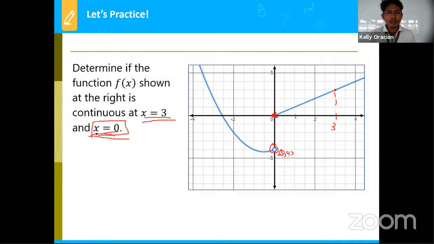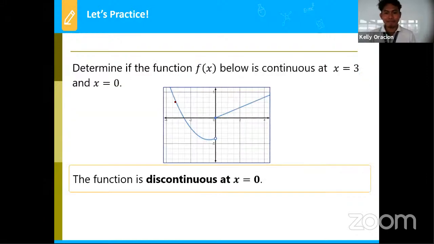But earlier, it was continuous at x is equal to 3.